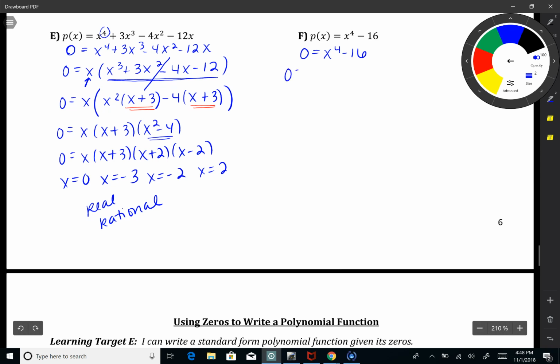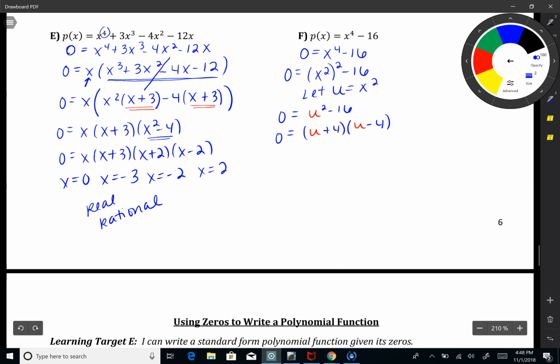So I could rewrite this as, in parentheses, x squared, being squared, minus 16. And you can use your u substitution if you would like. Let u equal x squared. So I'm going to rewrite this as u squared minus 16, which is now a difference of squares, which I can factor to u plus 4 times u minus 4.